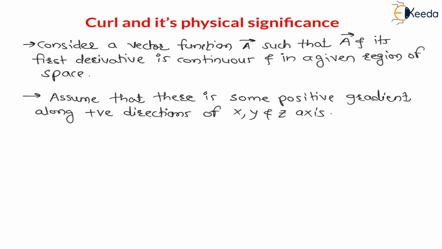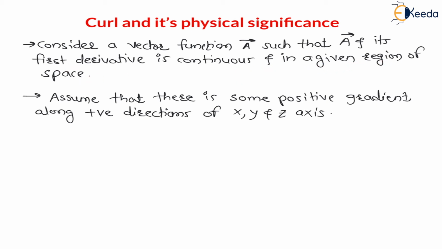Now my dear students, to prove the curl of any vector a, first we are considering the circulation along the z axis. First of all, let us understand the circulation along z axis, and the same result we will project for the y axis and x axis. Now consider a vector function a such that vector a and its first derivative are continuous in a given region of space.